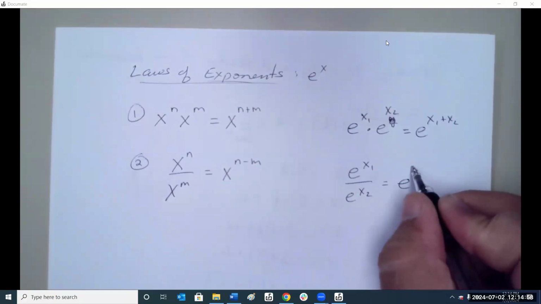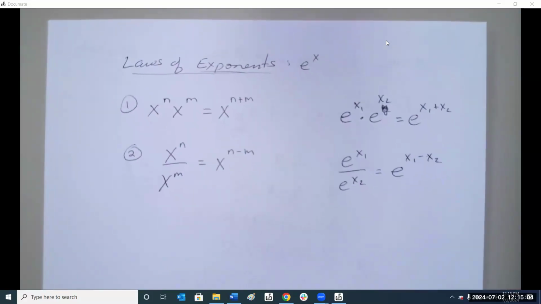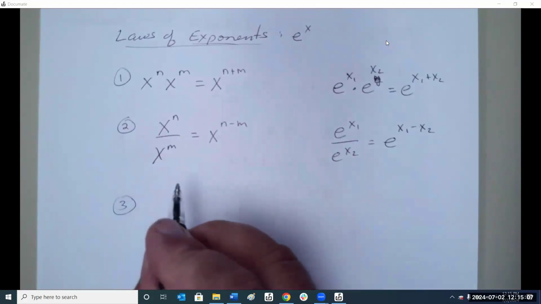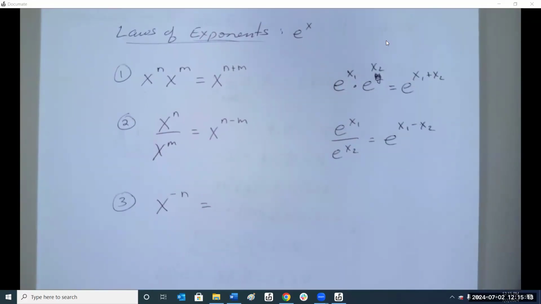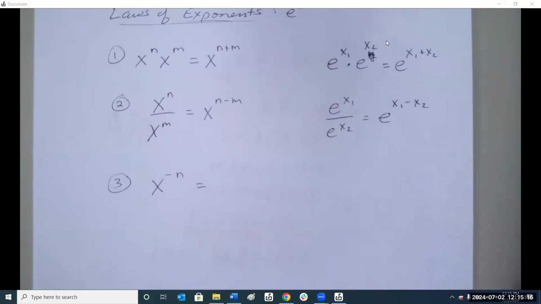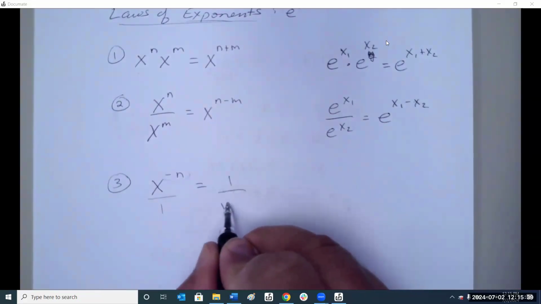So the same goes with the exponential function. If you have a negative exponent, what does that mean? What does a negative exponent mean? Reciprocal, yes. All it means is since it's over 1, flip it and drop the negative.